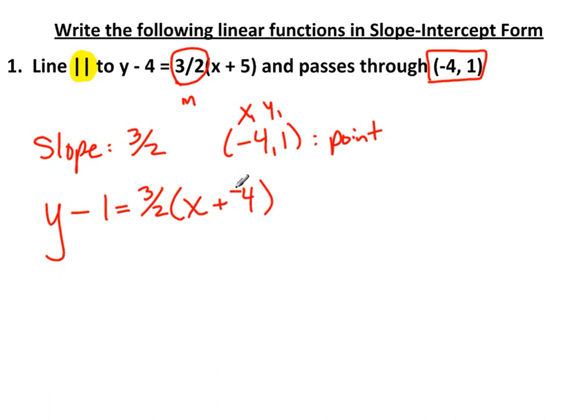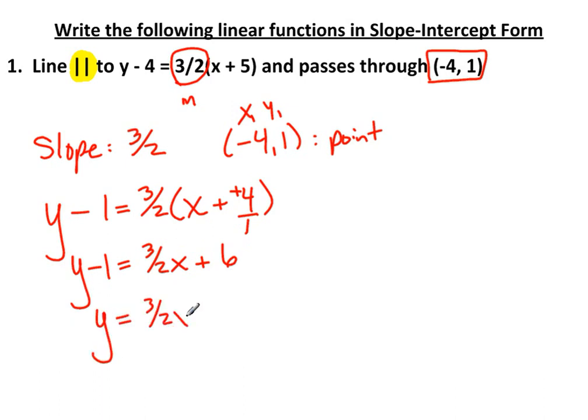Well, double negative, we'll make that a positive. But it said in slope-intercept form, y equals mx plus b, so I'm going to take my 2 steps. I'm going to distribute the 3 halves, make this over a 1. So I get 12 divided by 2 is a positive 6. And then add the 1 for my last step. And that is the equation of the line that's parallel to this, so they have the same slope, but goes through this point.